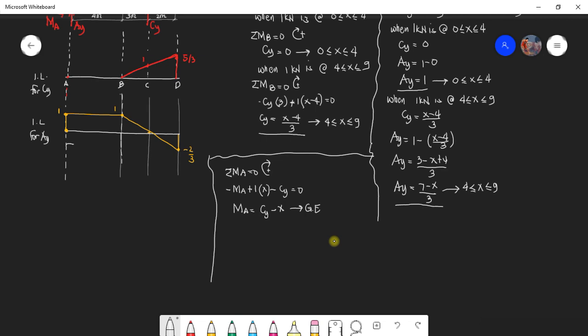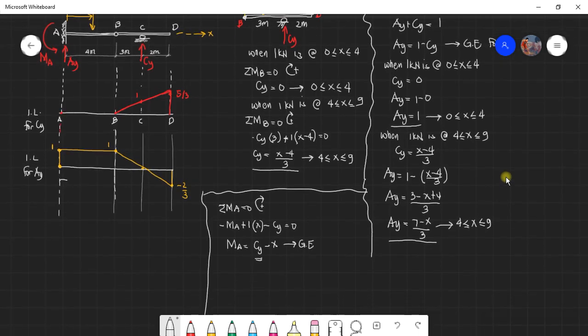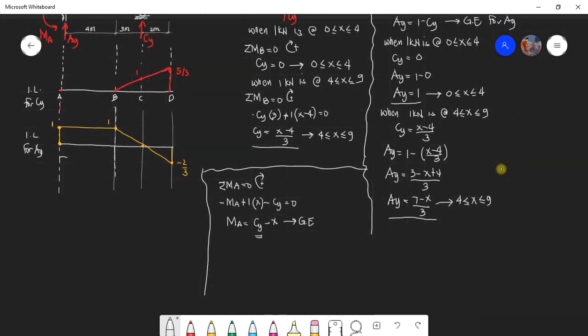Kaya lang, we have a change in value of CY. Okay, nag-iiba yung value ng CY. So, ang CY, again, pag quiz natin, hindi nyo na kailangan isulat to. If 1 kilonewton is at greater than 0, but less than or equal to 4, ang CY is equal to 0. So, ano din yung MA?